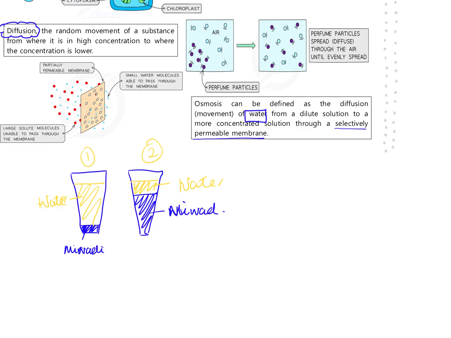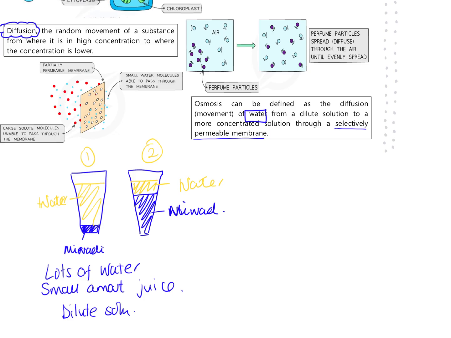Now, if I look at number 1 here, do you see the way I have lots of water and I have a small amount of juice, okay? That there is going to be described as a dilute solution, because it has a small amount of whatever else I'm putting in, and this can be your solute. We can call it a solute because it's something I'm dissolving in it.